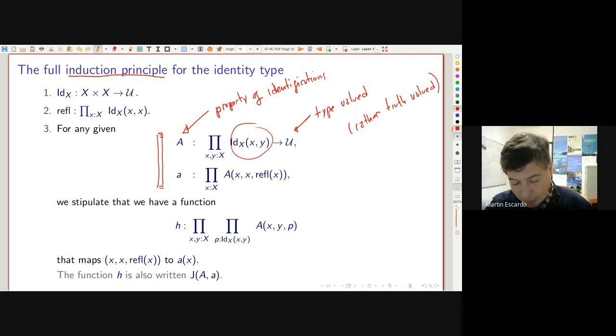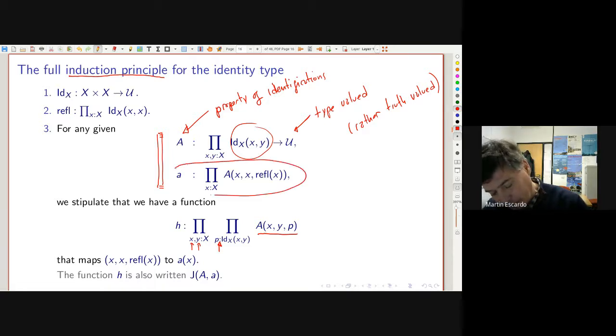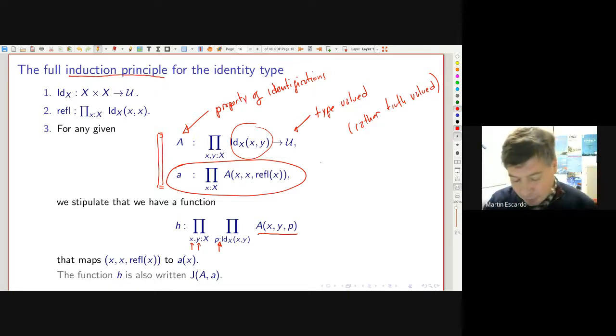And the induction principle tells you the following: if you want to prove that for every 2 points in the type X and for any identification P between these 2 points, the property holds, what do you need to do? Well, it says you need to prove this. That's the base case and the induction step, if you like. So this is what you need to prove, that something holds for all identifications.